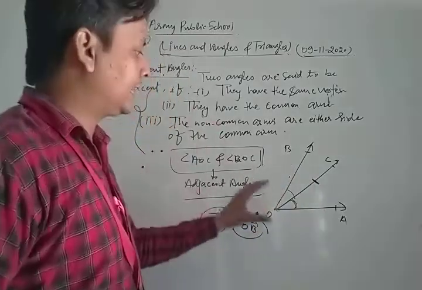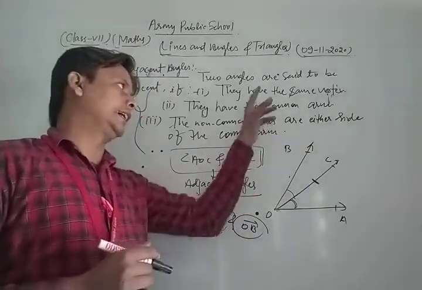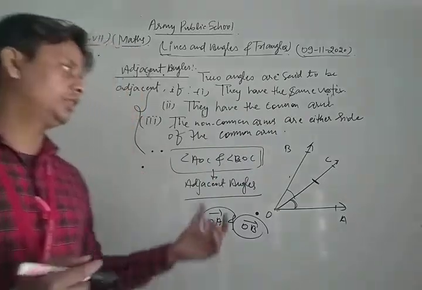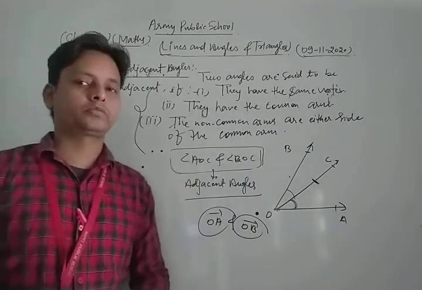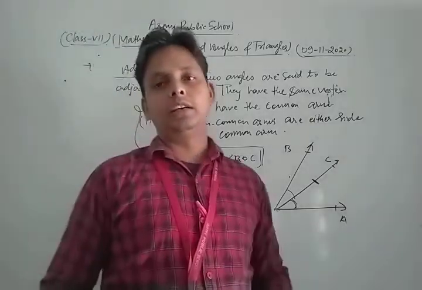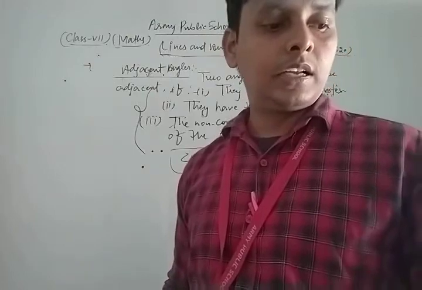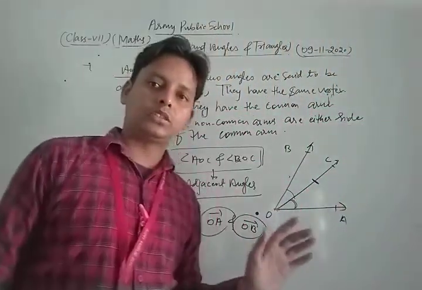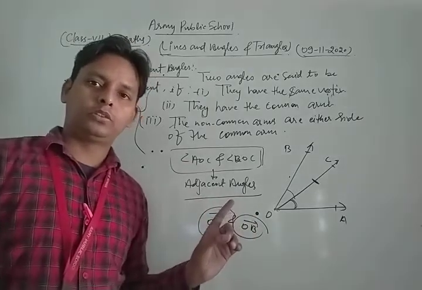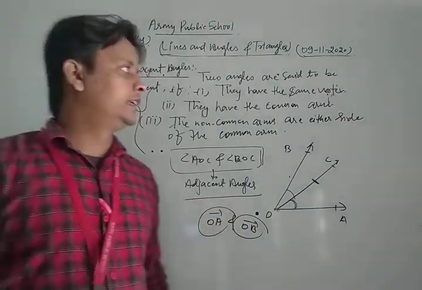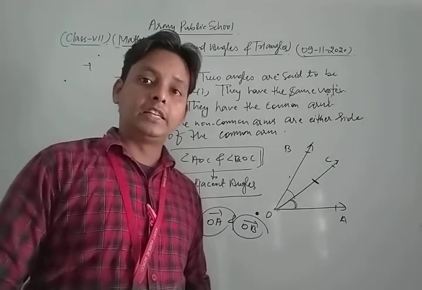So angle AOC and angle BOC follow all three criteria for adjacent angles. So dear students, we can say that here angle AOC and angle BOC are adjacent angles. So this is the concept of adjacent angles. Now, dear students, we are going to discuss some important concept related to linear pair. Let's see.